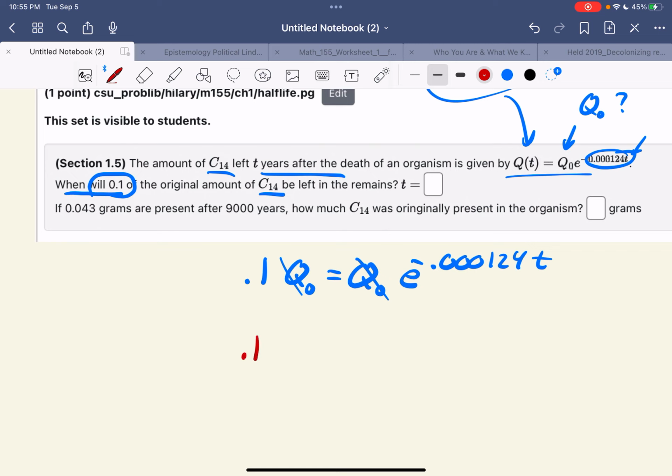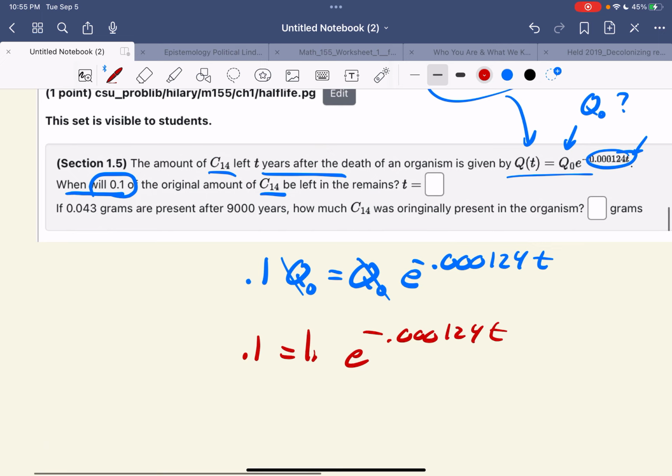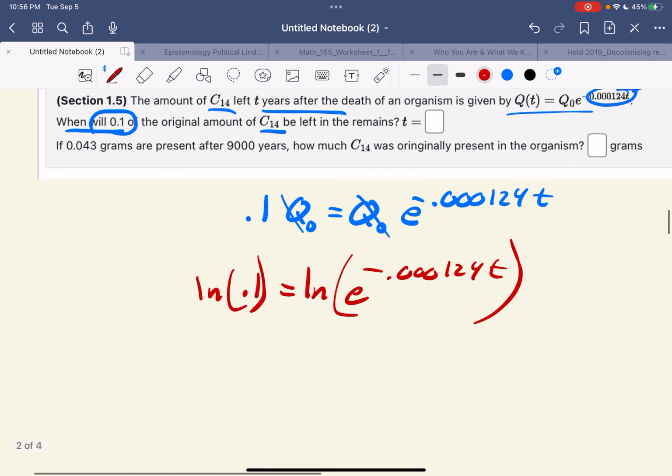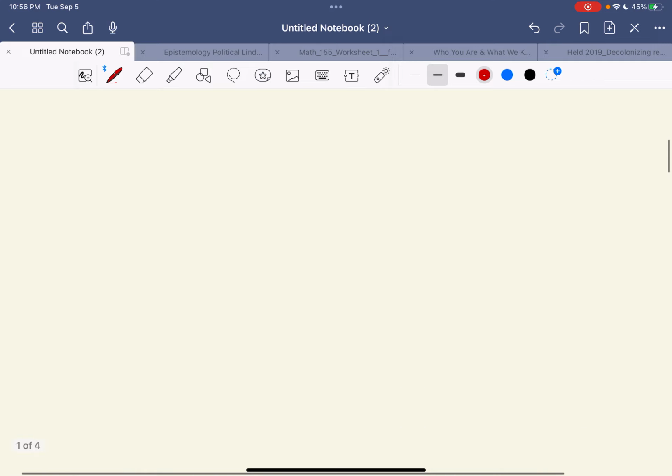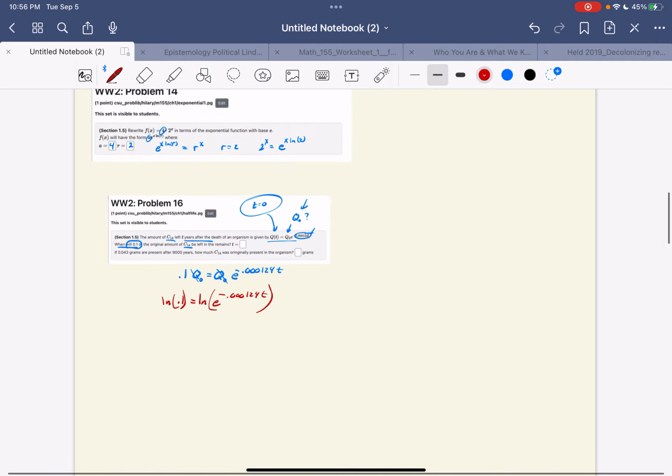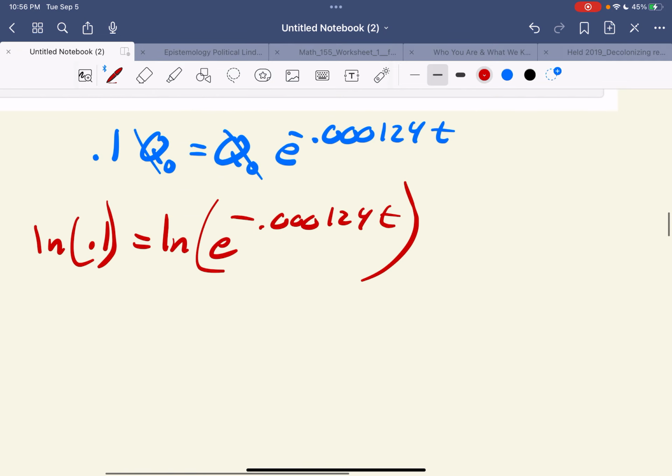So now we have 1/10 is equal to e to the negative 0.12314 t. So take the natural log of both sides. And we just talked about this, and I probably just erased it. Sure did. It's almost like I should pay attention to the future. The reason we do this is because the natural log and the e cancel.